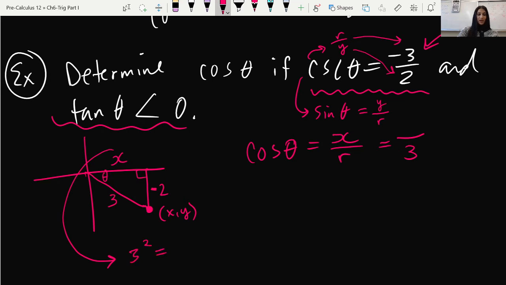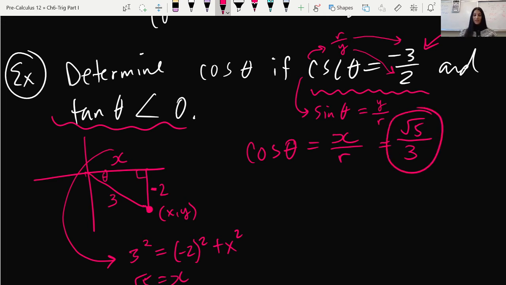So 3 squared equals (-2) squared plus x squared. And when we work our way through this and isolate the x, we find that x is equal to √5. I trust that you all know how to do that, so we're not going to go through it step by step. So I would get √5 over 3 for my answer. That's what cosine theta is equal to.